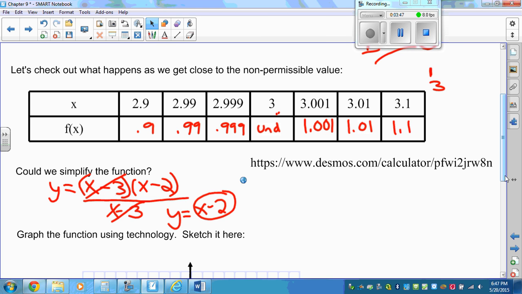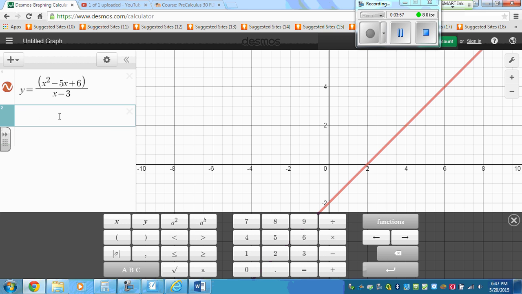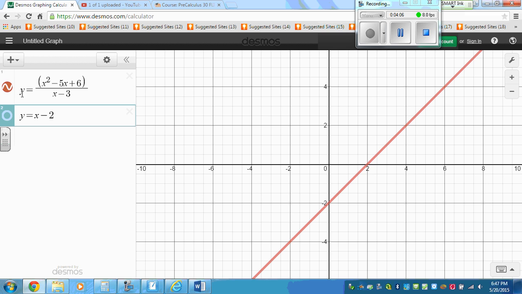But I want to show you the difference between those two functions. Okay, so here's the original function, and here's the function y equals x minus 2. So they look almost exactly the same. But I want to show you what happens exactly at the value 3.